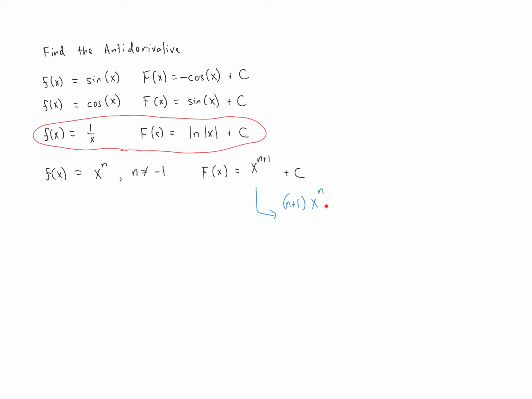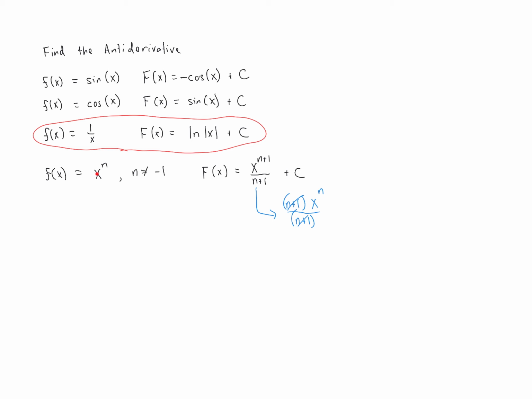But this is not what we want as the derivative. We just want it to be x to the n. We don't want this n plus 1 out front. So to get rid of that constant multiplier of n plus 1, we need to divide this by n plus 1, because then that's going to divide the derivative by n plus 1, and those are going to cancel, giving us the derivative that we want. So here, this is kind of a power rule for antiderivatives.